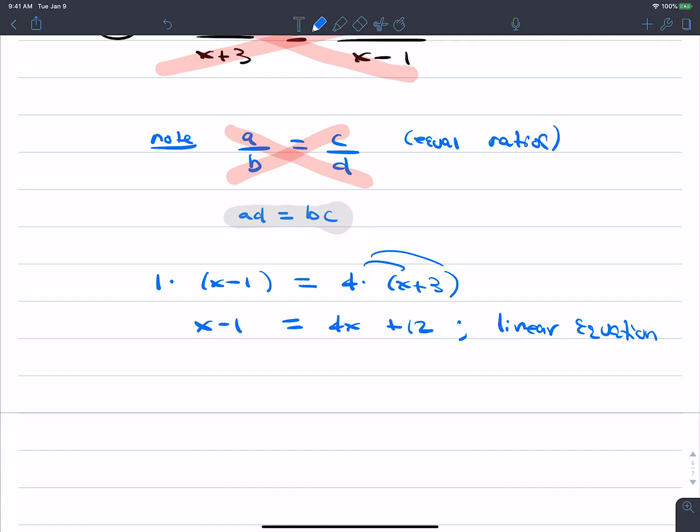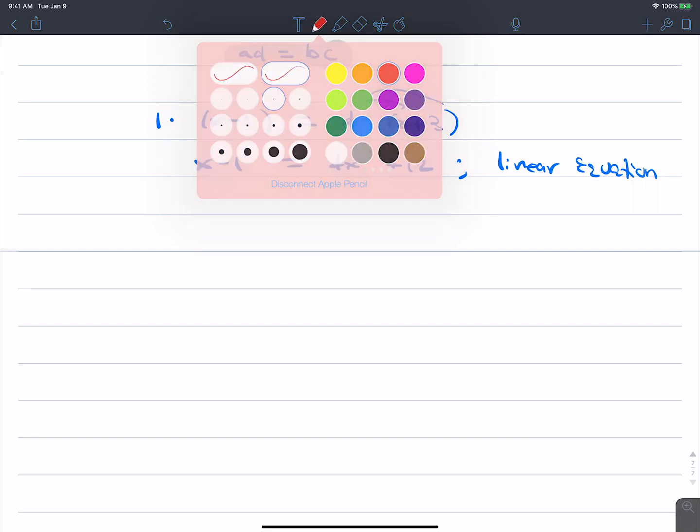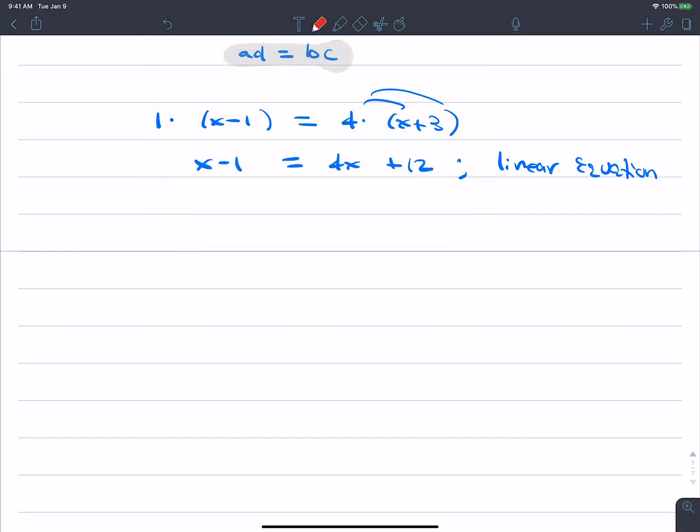And how do you solve linear equations? Right, you solve them in your sleep, right? Subtract 4x from both sides, and you now have negative 3x minus 1 equals 12. What do you do with this as well?